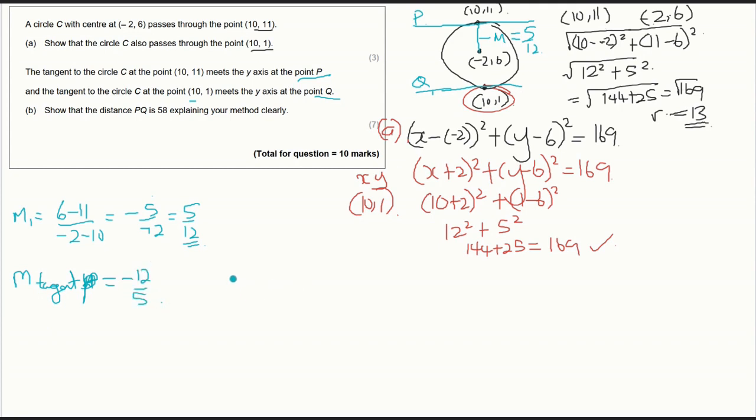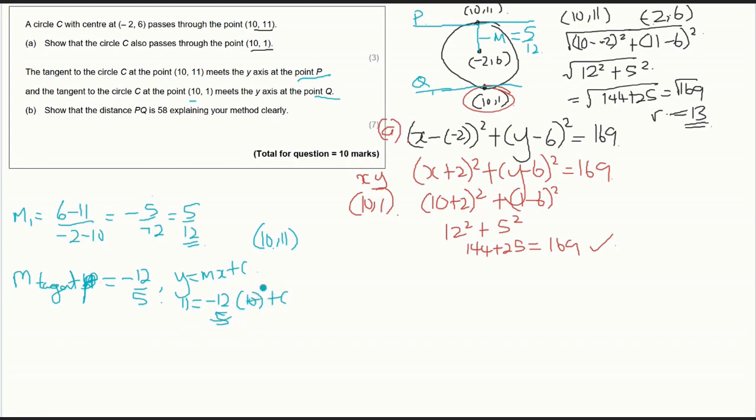So let's form the equation. Use y equals mx plus c. So we can form the equation using the coordinate 10, 11. When y equals 11, m equals negative 12 over 5, times x, which is 10, plus c.